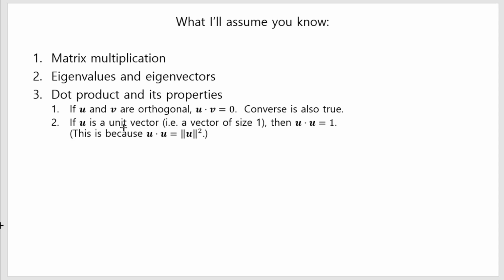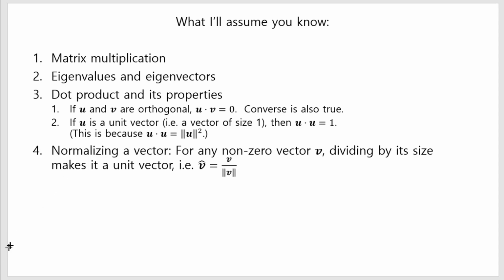Therefore, if u is a unit vector, it means its norm is 1, its length is 1. So in that case, you just have 1 squared, which is 1. So u dot u will be 1 for unit vectors. You also need to know how to compute the normalization of a vector. It's like taking any vector v and dividing it by its size so that it's resized to length 1.